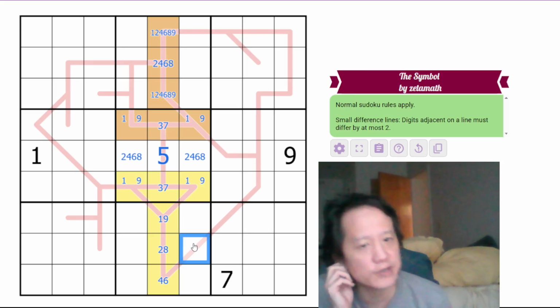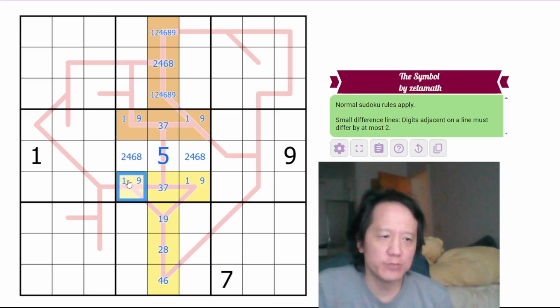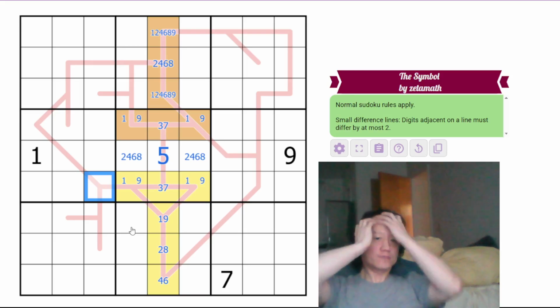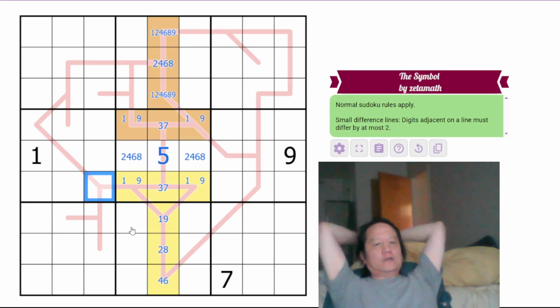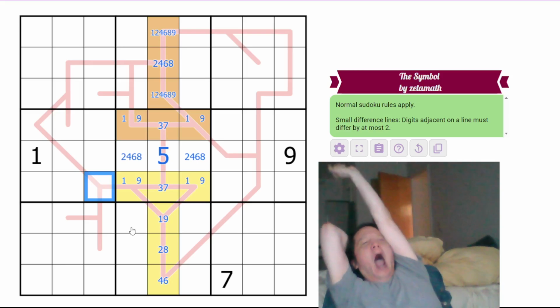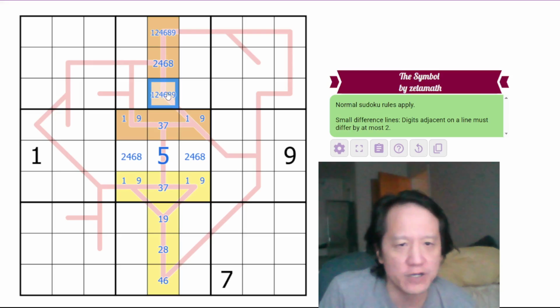This could be 3 or 7 here. This could be up to... we don't know what this is. Okay. So either this is the orange one, which is next to 2 and 4, or this is the orange one, which would have to be next to 2 and 3, which would next make that the 4.